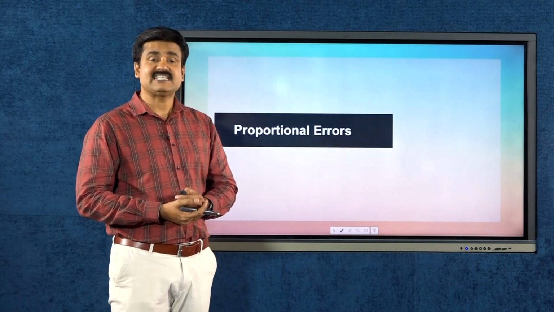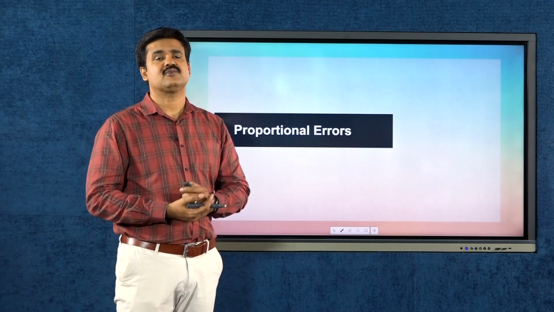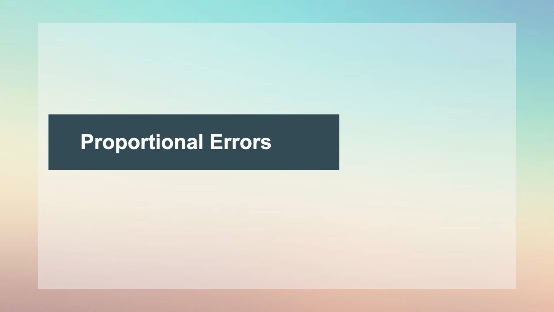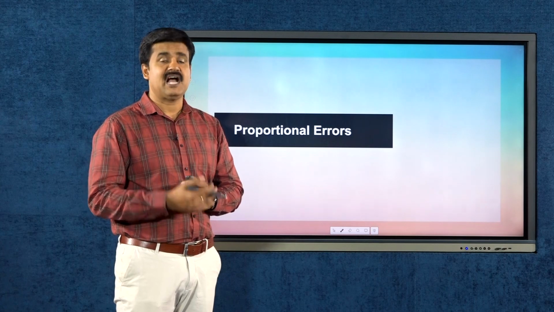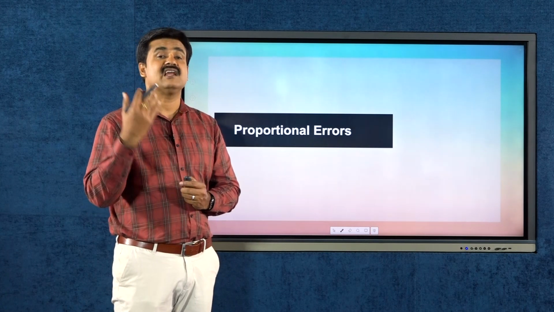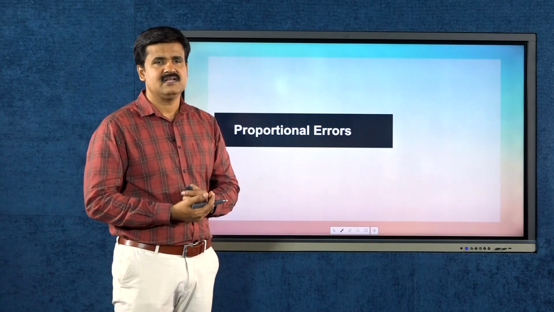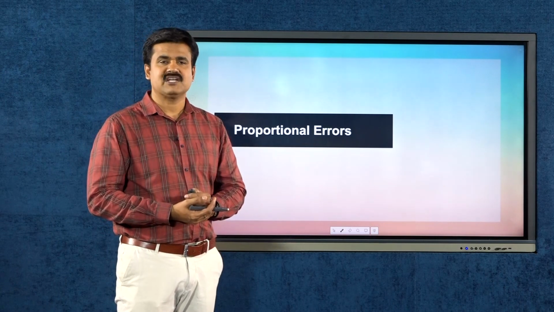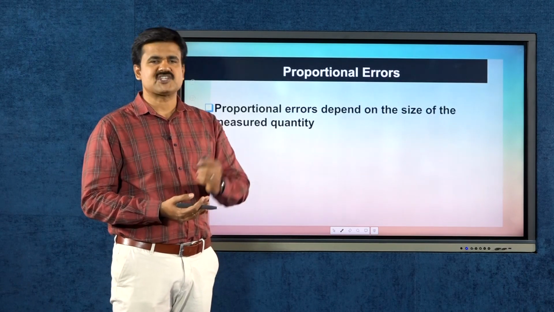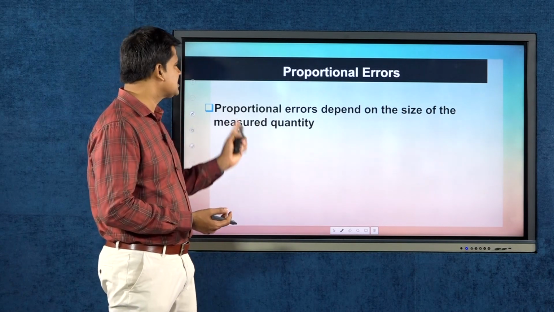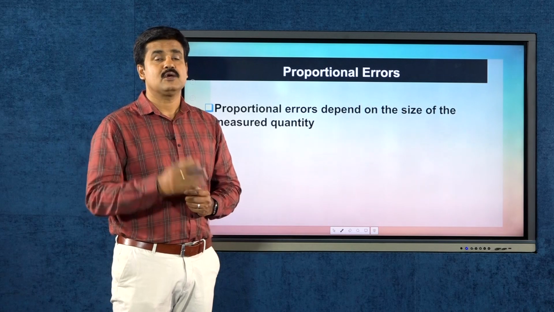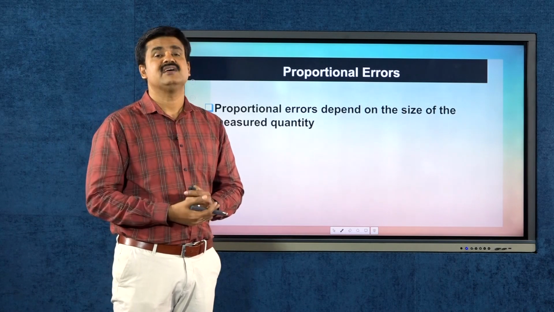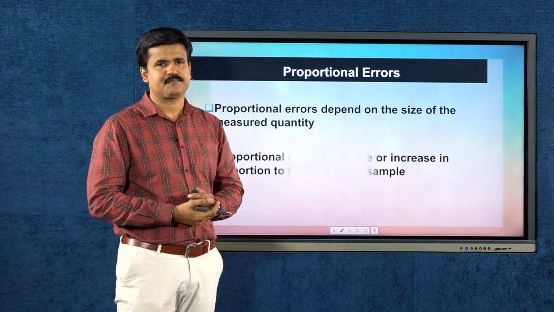Now, the next category, that is the last part of the discussion, is proportional error. I already mentioned that constant error and proportional error are another classification of systematic error, and we are now focusing on proportional error. Proportional errors depend on the size of the measured quantity, but constant error is independent of the size of the measured quantity.